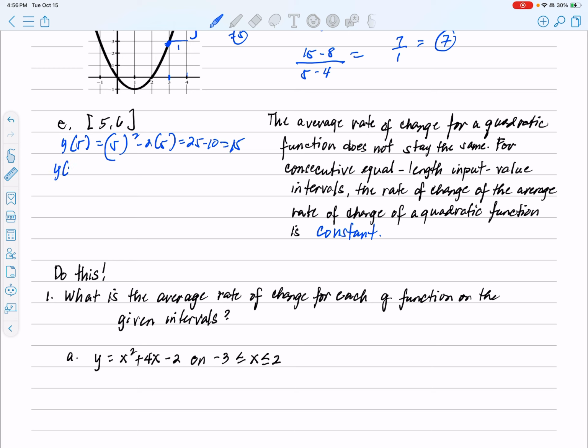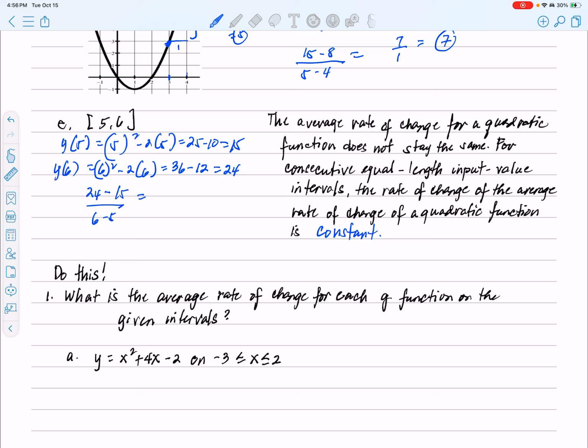At 6, you have 6 squared minus 2 times 6. You have 36 minus 12. Then you have 24. By doing this, you could say 24 minus 15, then 6 minus 5.